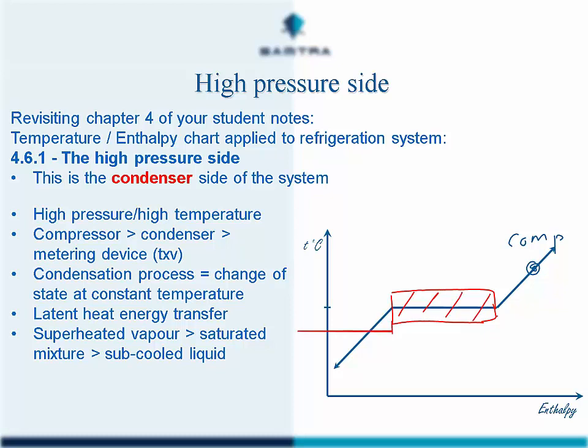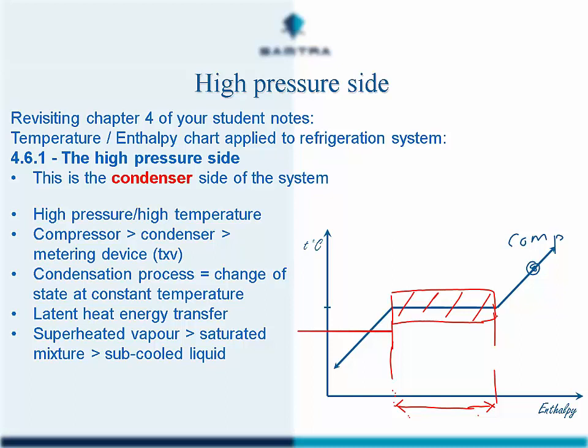And if we drop the lines down here, then we can see that this region over here is where we see the latent heat transfer taking place, and that would result in a change of phase.